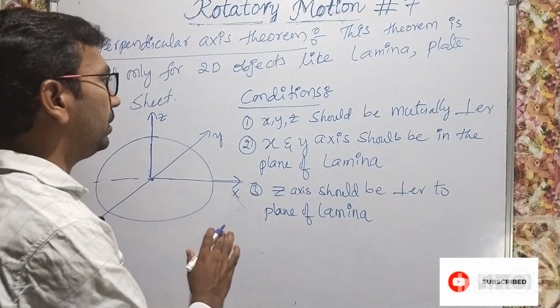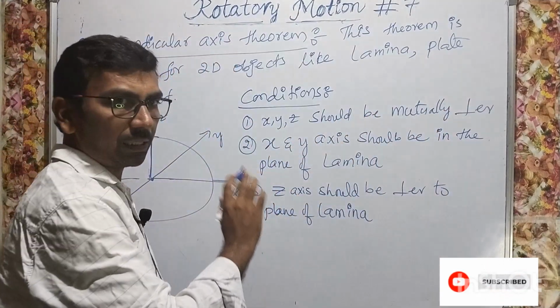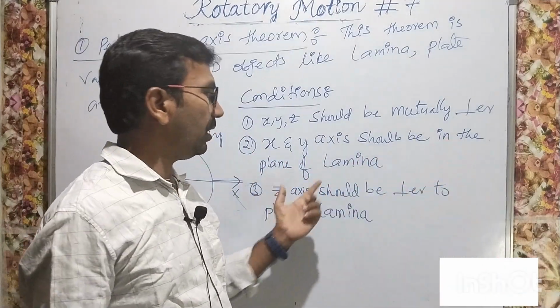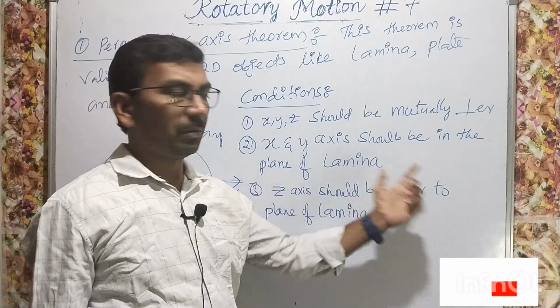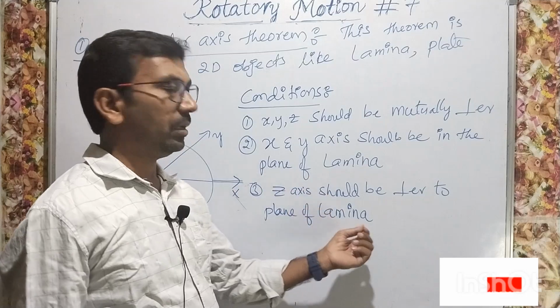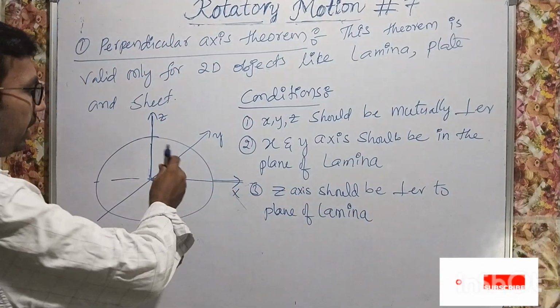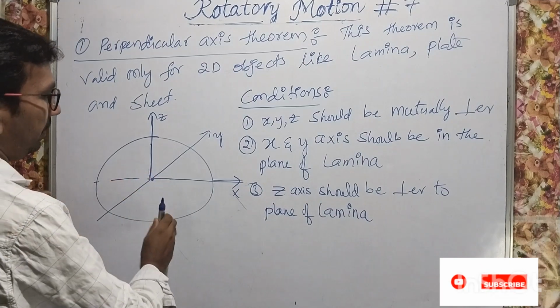There are three conditions: x, y, z should be mutually perpendicular; x and y axes should be in the plane of lamina; and the z-axis should be perpendicular to the plane of the lamina.